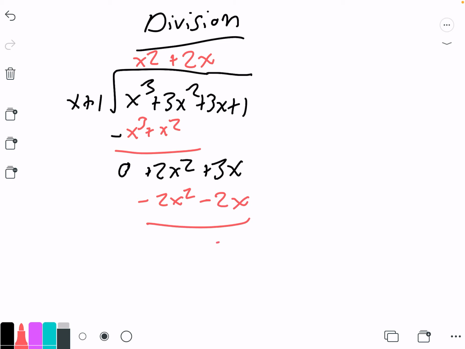So when we subtract this out, we get x, we bring the 1 down, x plus 1 here, and you'll notice x plus 1 and x plus 1, all we need to do is just multiply by 1, so we add a 1 here. And there we go.